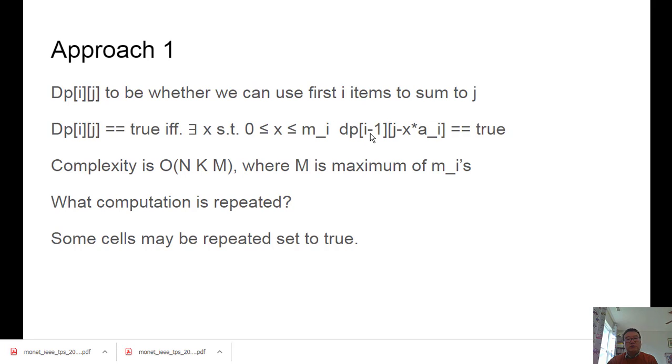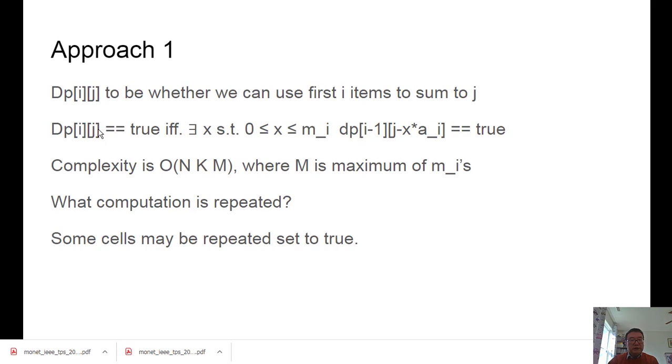However, we are repeating this check when we are trying to fill dp[i][j - a_i], because there we'll also be checking dp[i-1][j - a_i].